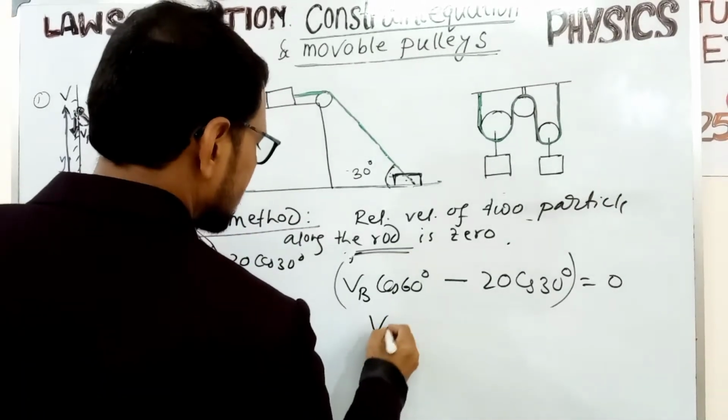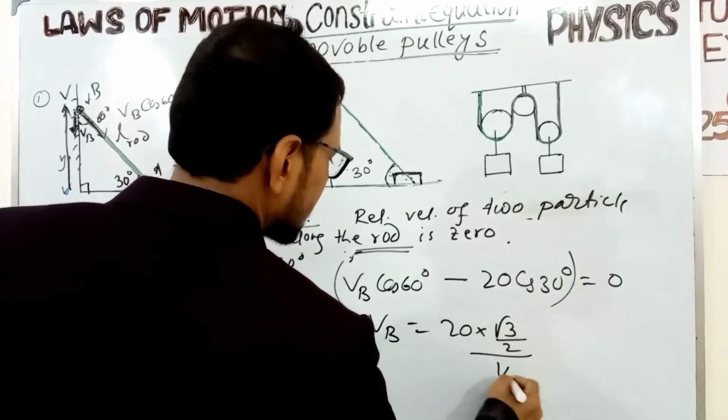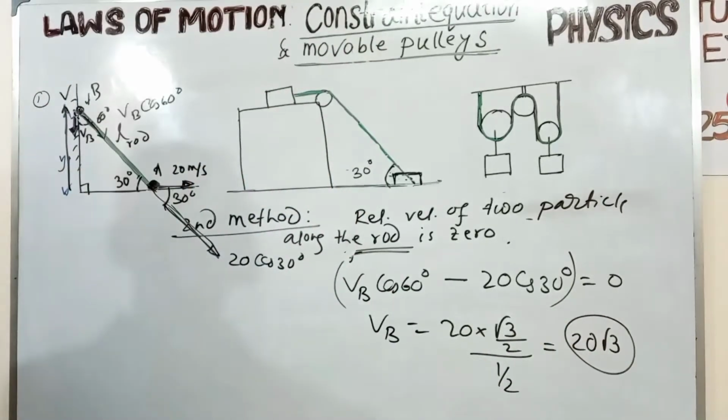So VB equals 20 root 3 by 2 into cos 60 degrees, which is half, that is 20 root 3. So we get the magnitude of VB directly.